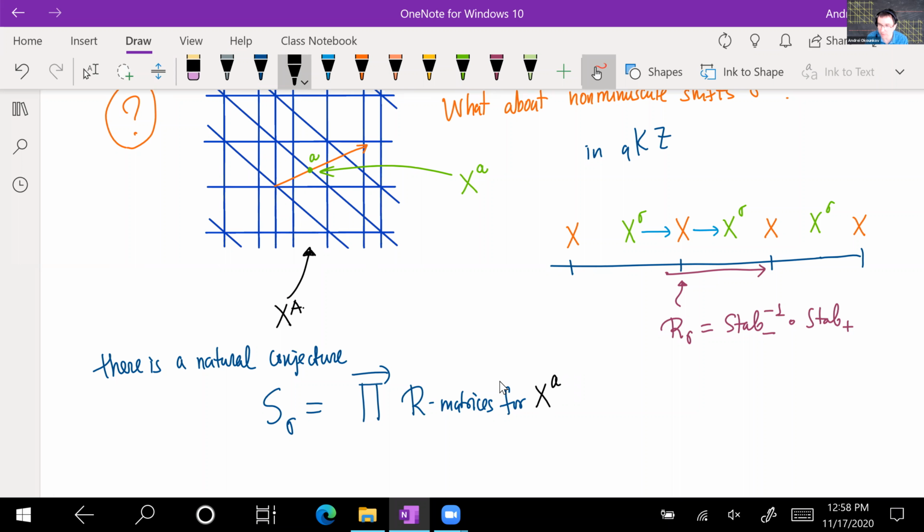So X^A is some other variety, still with an action of A, also an Okounkov variety.